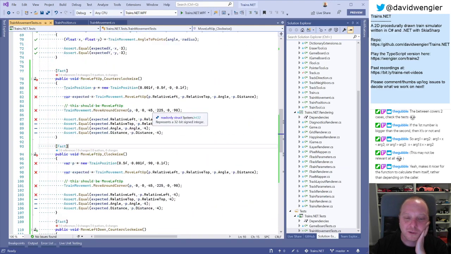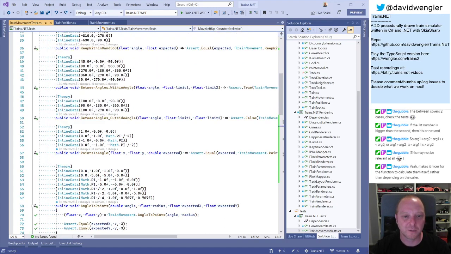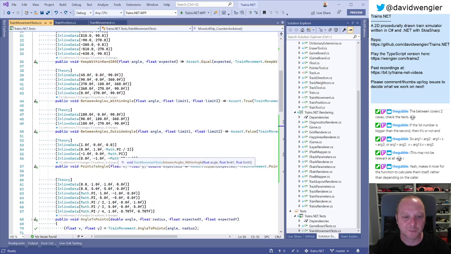So, I mean, this isn't going to matter, is it? So this could be that the between angles method is wrong. Although, did you write tests for it? Yeah, you did. Within angle, outside angle. So there's tests for between angles.